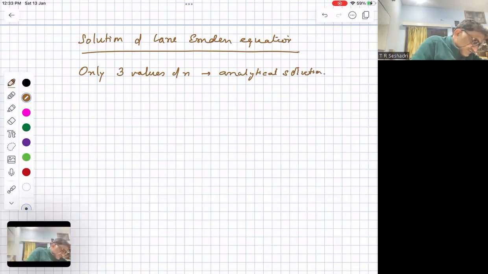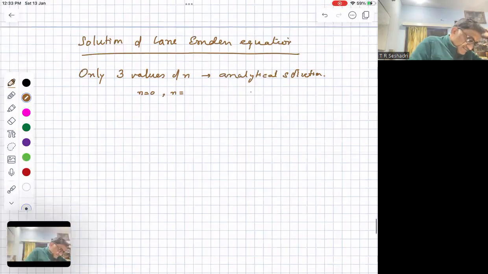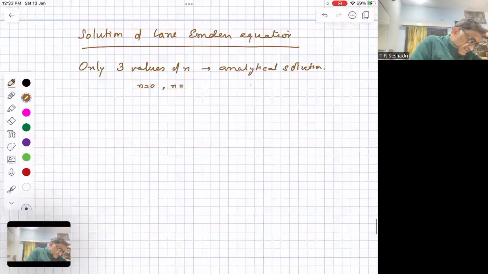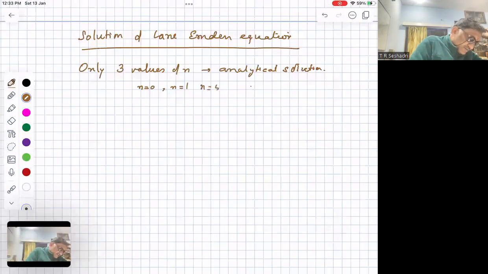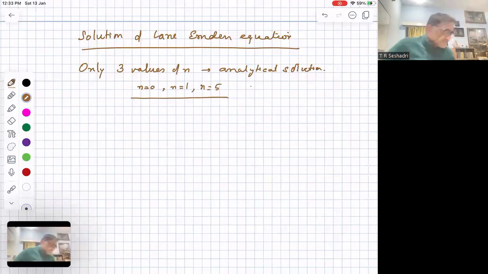And these values of n are n equal to 0, n equal to 1, and n equal to 5. And we will consider specific cases of this. What are the characteristics of this? So let us consider first the case of n equal to 0.